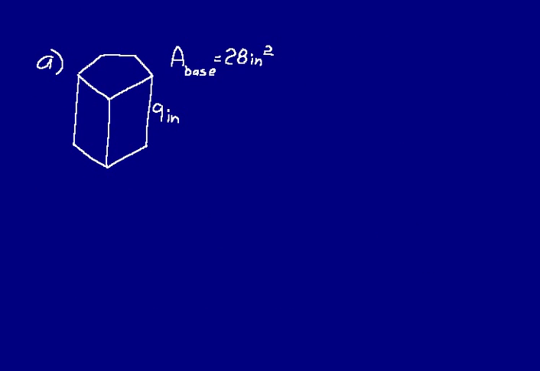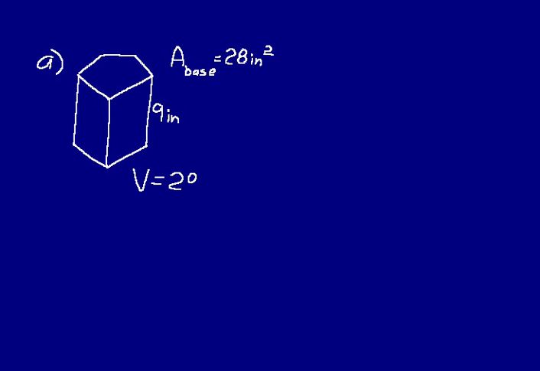Let's do a couple of practice problems. Look at this pentagon. We could consider that a right pentagonal prism, is the way you would say that. The area of the base has been given, and there's the perpendicular height to the base of 9 inches. I want you to figure out the volume. Well, all you have to do is multiply those two values together.